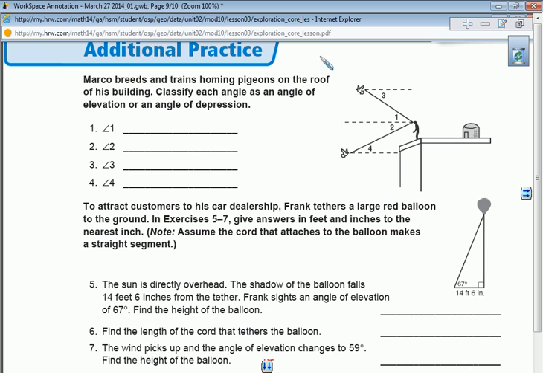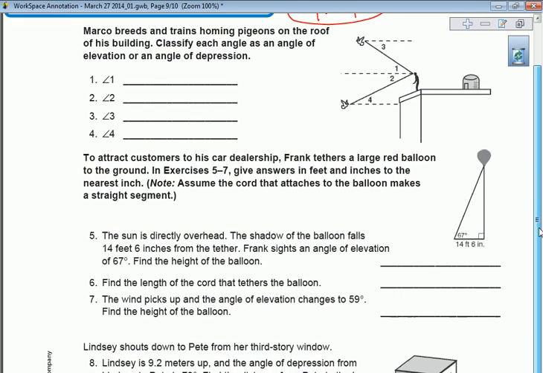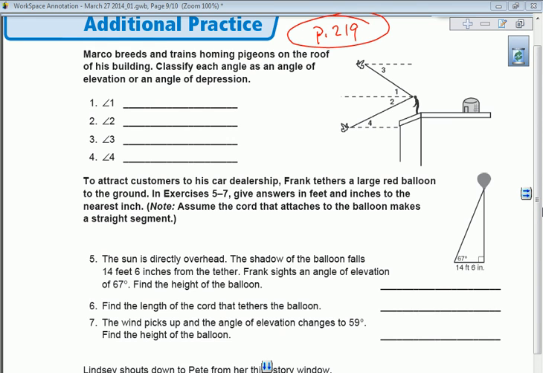Okay, workbooks to page 219. Guys, workbooks to page 219. If you don't have your workbook, you follow along on the screen.